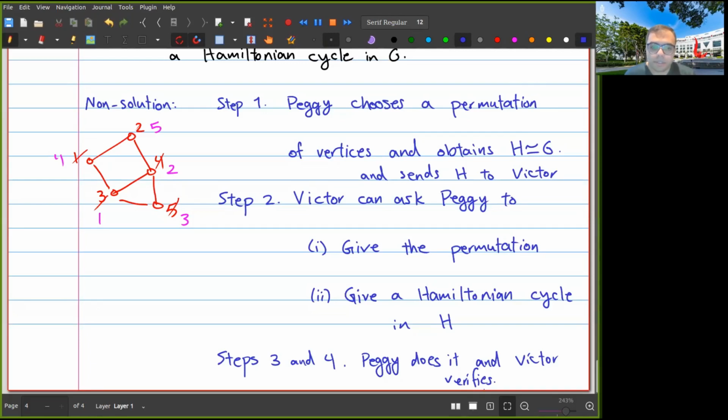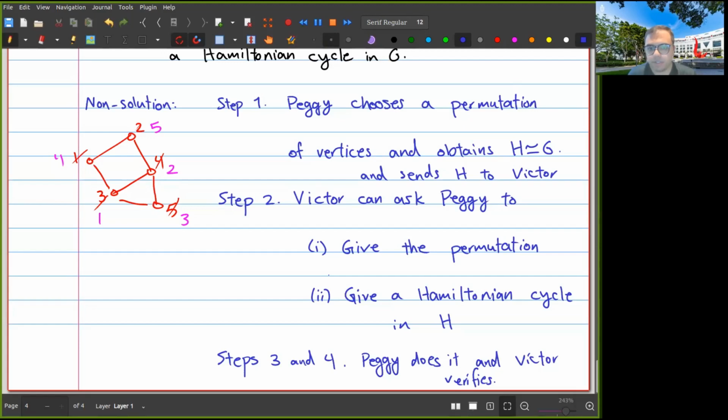Now, again, the crucial point here is that Victor has a choice, and he can choose to ask either one of these questions uniformly at random. So if Peggy is cheating, she doesn't really have a good chance of being able to convince Victor, right? Because how can Peggy cheat?